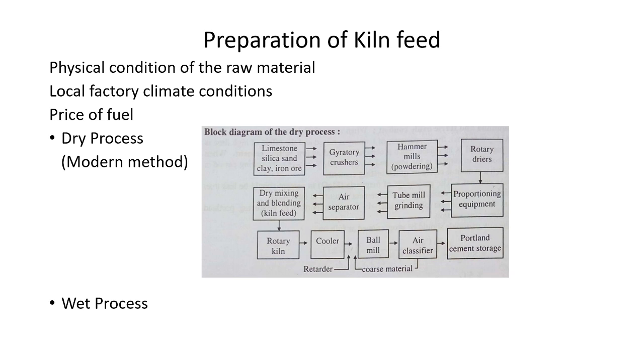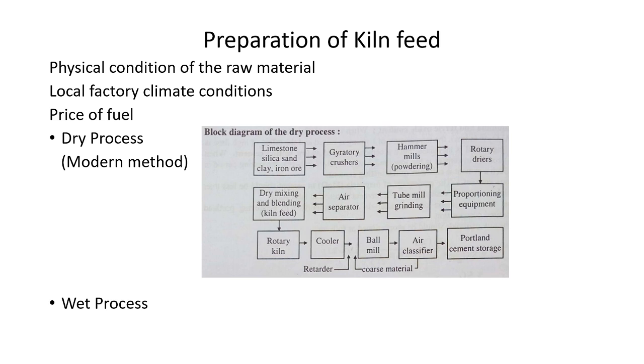In this process, water is added to the material while grinding to form the slurry. Because of the addition of water, after grinding it forms the slurry, and this slurry is passed through bowl, classifier, and screens. Limestone and shells are hard and hence crushed separately and fed to large tube mills.